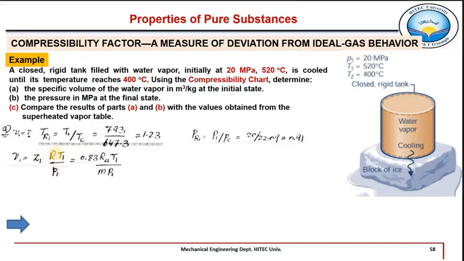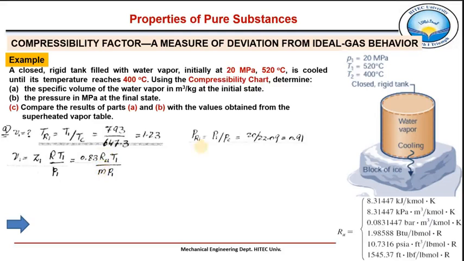Now R is the gas constant for water vapor. You can see its value from the table, but if it is not available or not given, then you can write R as RU divided by M, which we have already discussed, where RU is the universal gas constant and M is the molar mass of the gas.